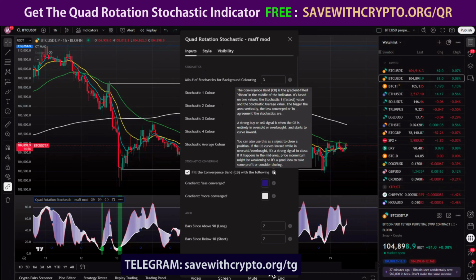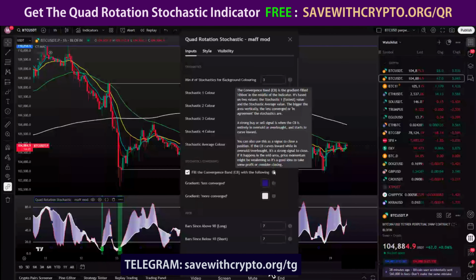Strong buy or sell signal is when the convergence band is entirely in oversold or overbought. It starts to curve inward, and you can also use this as a signal to close a position. So even if it's mid-range and it starts to curve, then that's probably signaling that the momentum is petering out.